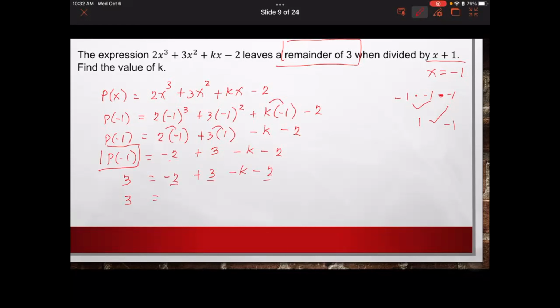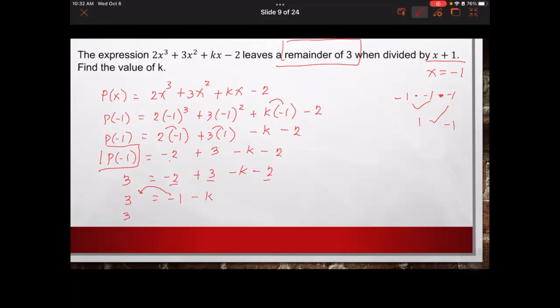What's the answer? Negative 1 po. Okay, so magkaroon tayo ng minus k. Saan nanggaling si negative 1? That is negative 2 plus 3 minus 2, so that is negative 1. Lipat natin to dito.